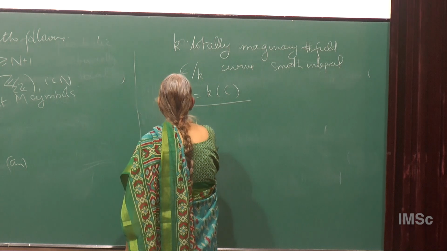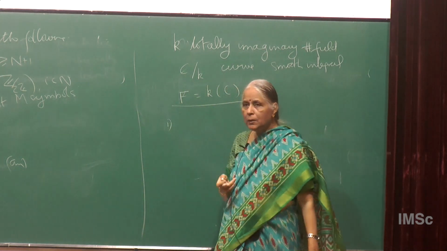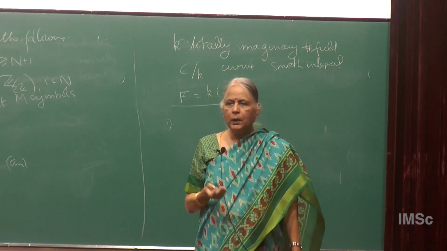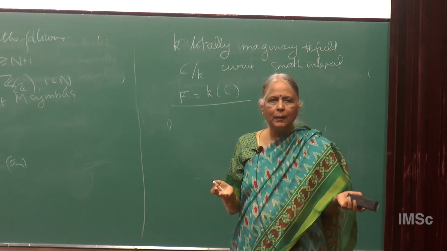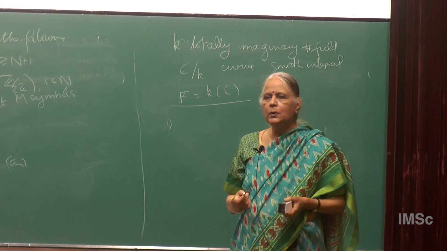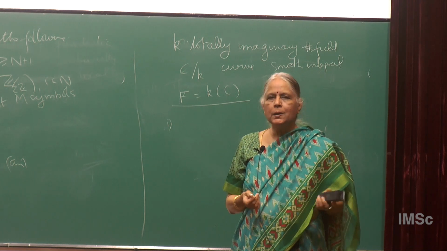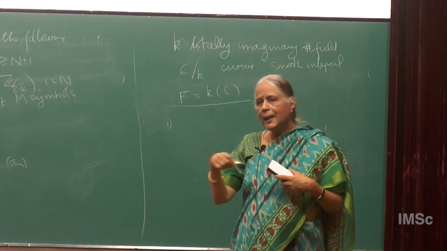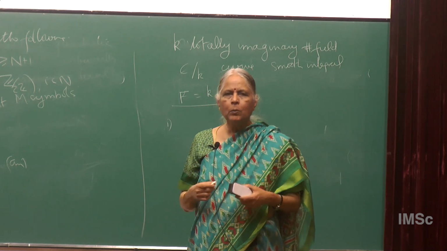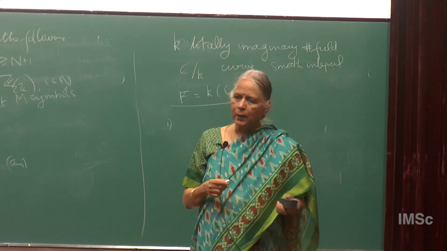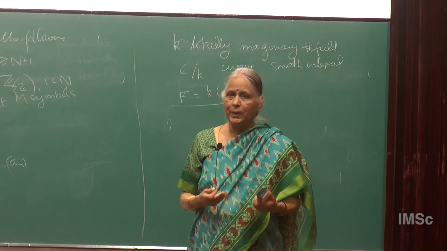First, if you take a totally imaginary number field, it has cohomological dimension 2. If you read Serre's book on Galois cohomology, you will find that the cohomological dimension of a totally imaginary number field is 2. And the cohomological dimension behaves well with respect to function fields. So the cohomological dimension of the function field of a curve over a totally imaginary number field is 3.